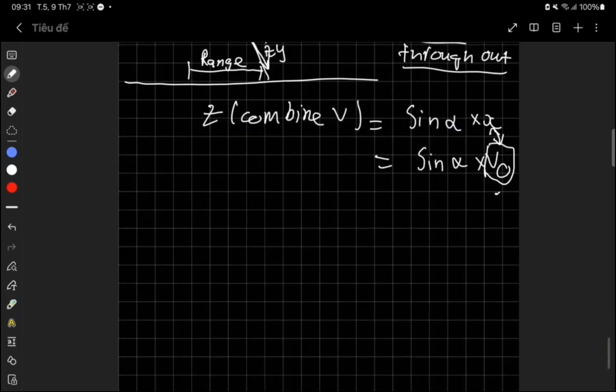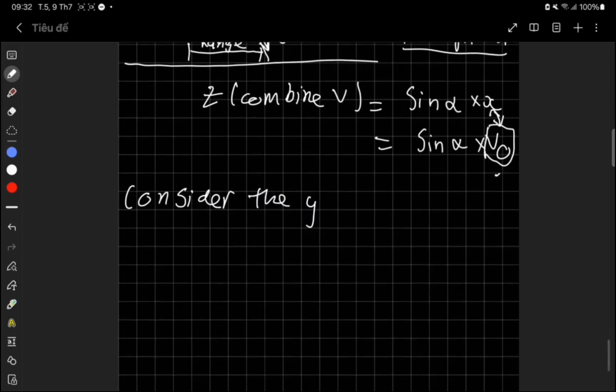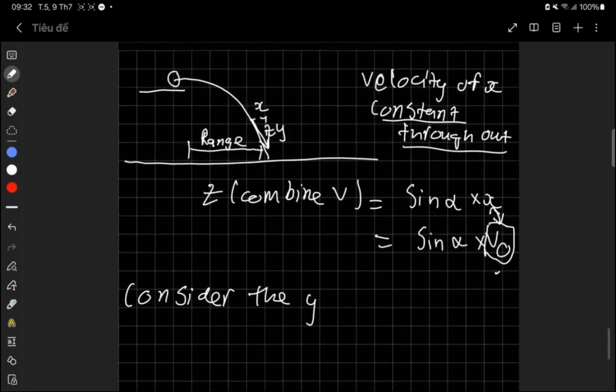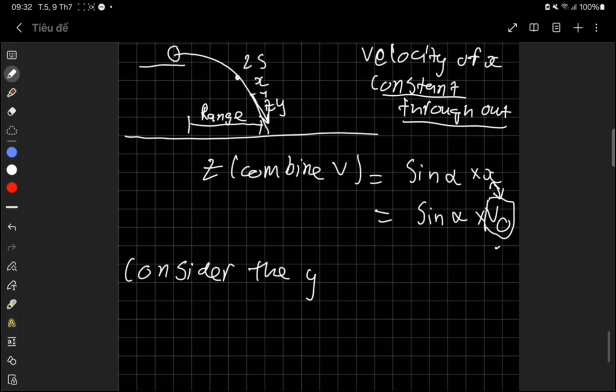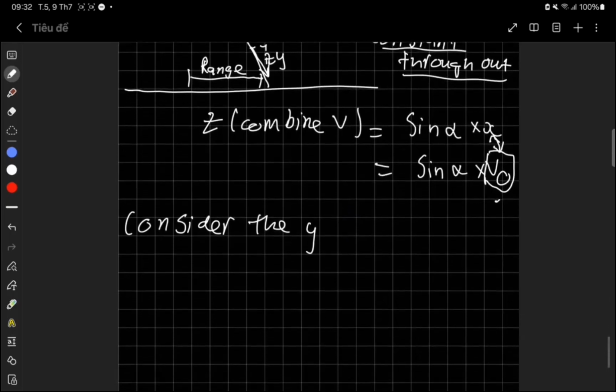And first we will consider the y like before. So as before, to find the velocity at a point in time, for example at this point, which is 2 seconds within the motion, we can relate it back to the original formula.